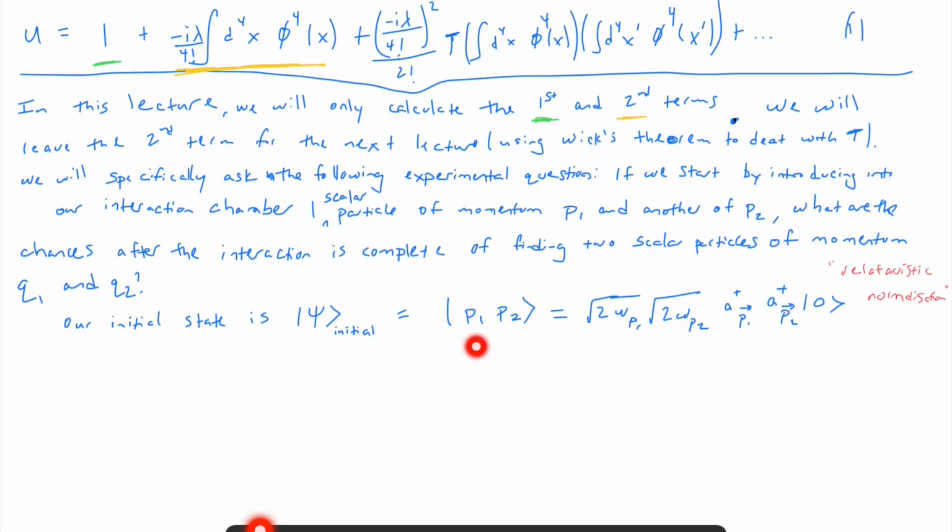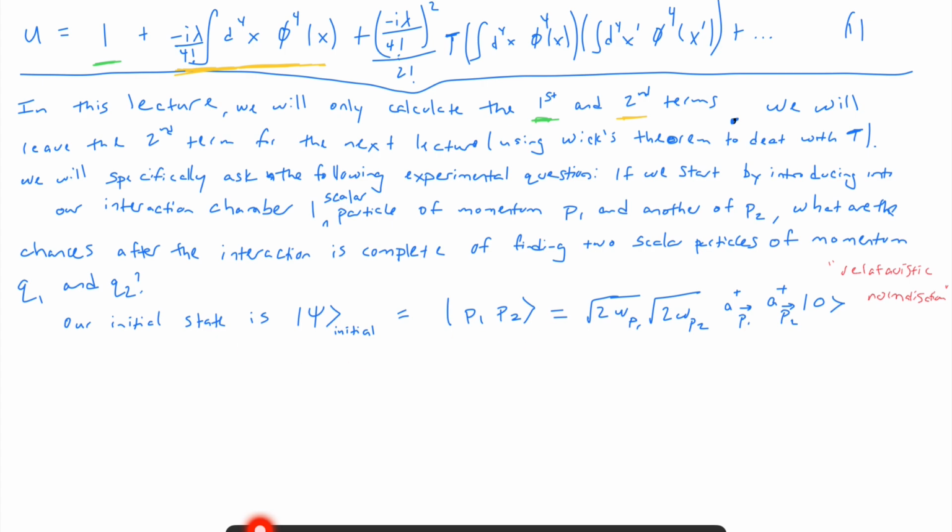When we write p1, p2 as this ket, and we don't have an arrow over it, this is somewhat confusing, but also simplifies a lot of nonsense sometimes. When we don't have an arrow over this, we mean a two-particle state that is relativistically normalized, like this. When we do have an arrow, and I'll show that in the next couple of slides, that means we're not using this prefactor. We just have our two-particle state, but not relativistically normalized. I'll show you that some more.